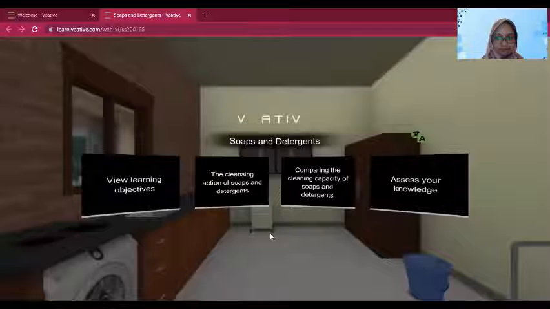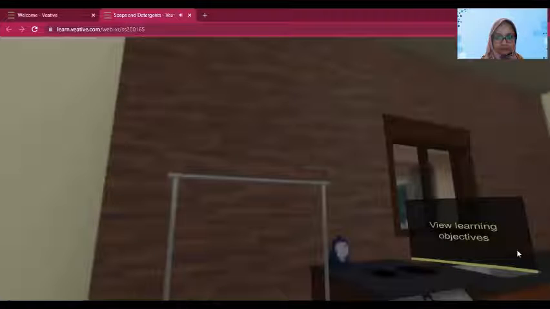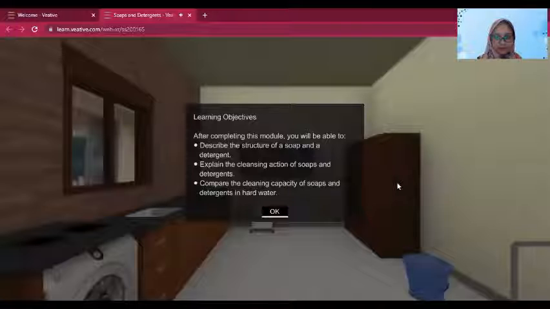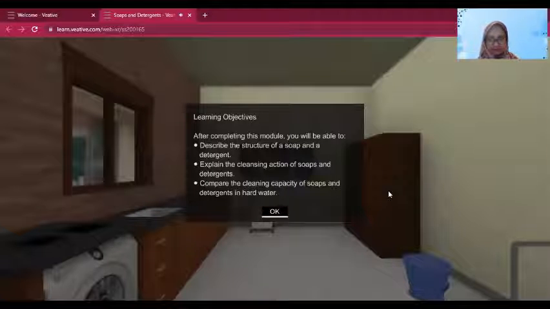Let me share my screen. We are going to look at the structure of the soap and detergent.